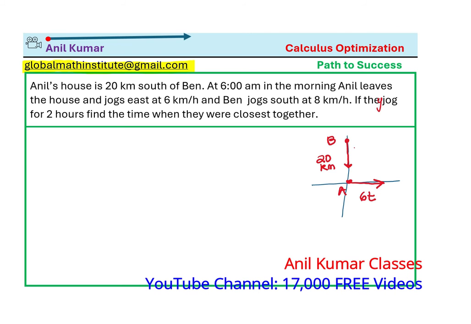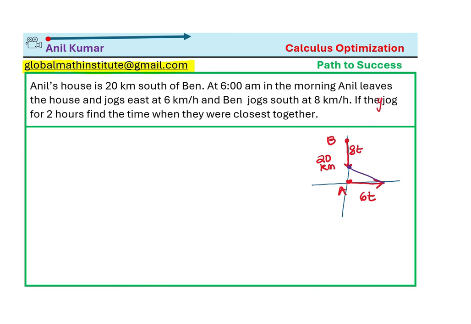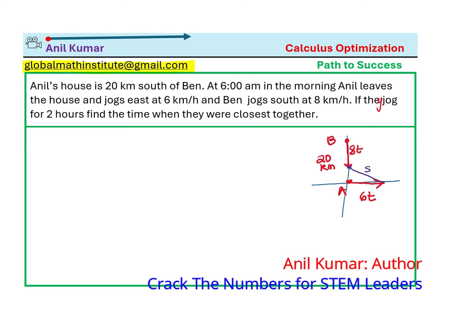So this is 8t. If they jog for 2 hours, find the time when they were closest. So the closest distance is the distance between them at any time. Let's call this S. So that becomes your diagram, right?